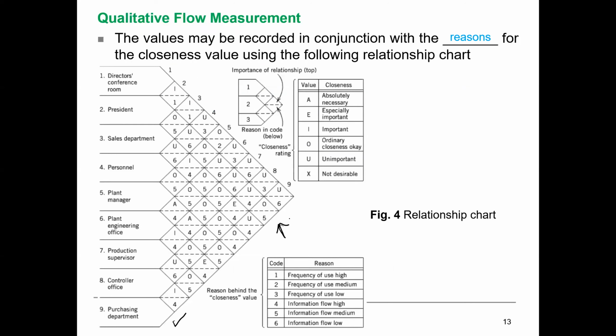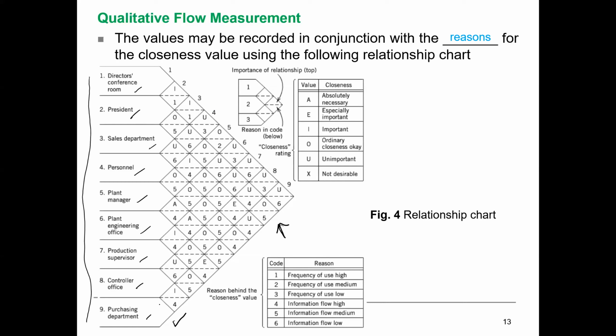And as you can see, we have all these departments listed in a vertical way. And all this is defining a department: sales department, personnel, plant manager, plant engineering office, production supervisors, controller office, purchasing department.